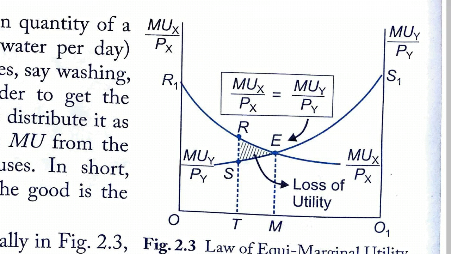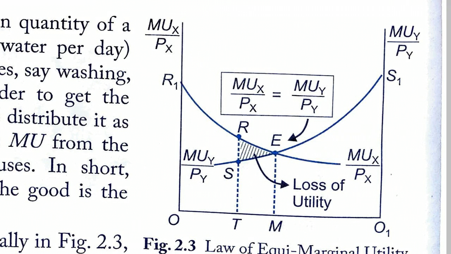As you can see, the graph of marginal utility goes downwards in case of a single commodity, and in case of two commodities also the graph will go downwards. When these two marginal utility graphs coincide with each other, you can see at point E both the marginal utility graphs are coinciding.